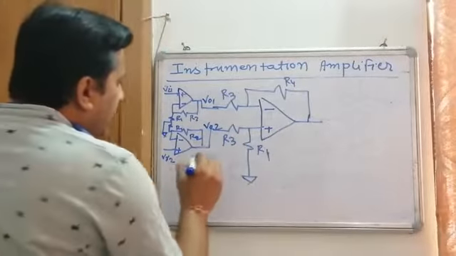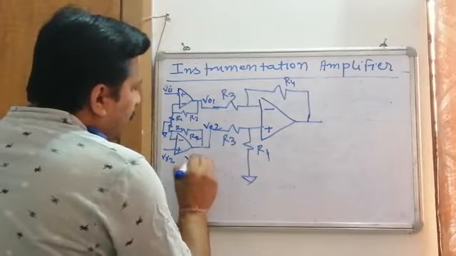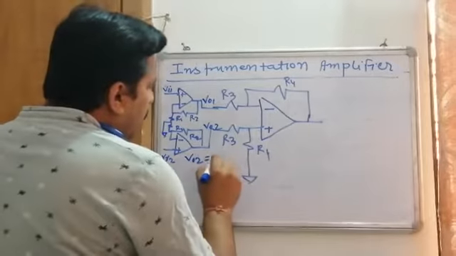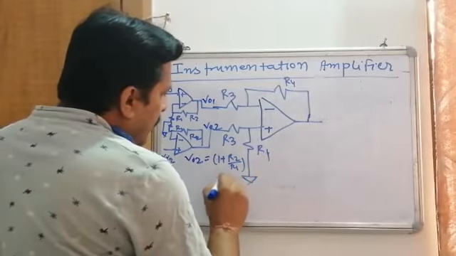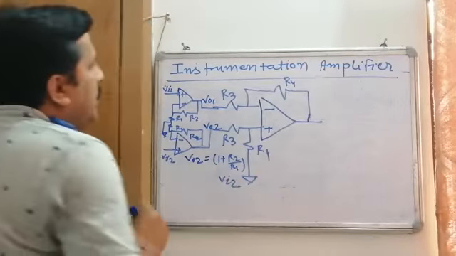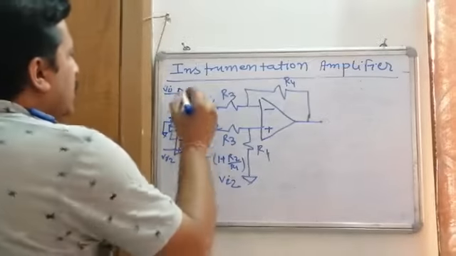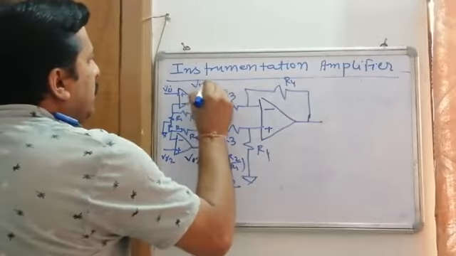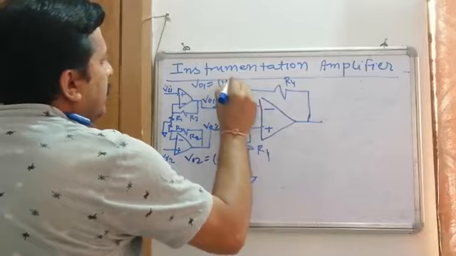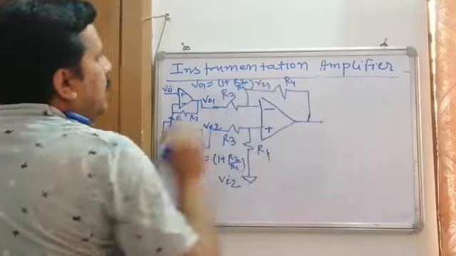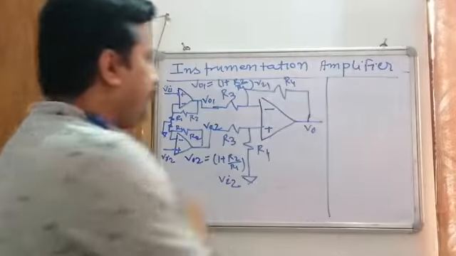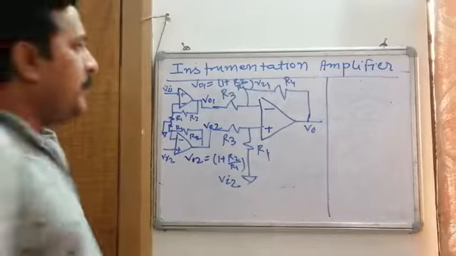So what is the value of V02? The value of V02 is simply 1 plus R2 by R1 times Vi2. And the value of V01 is 1 plus R2 by R1 times Vi1, and this is the output voltage V0. So what is the output voltage?